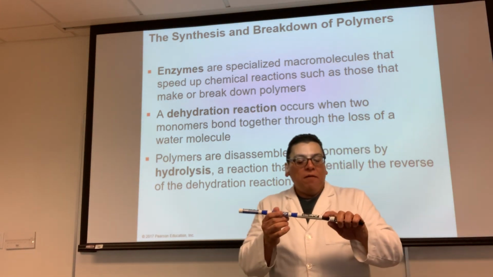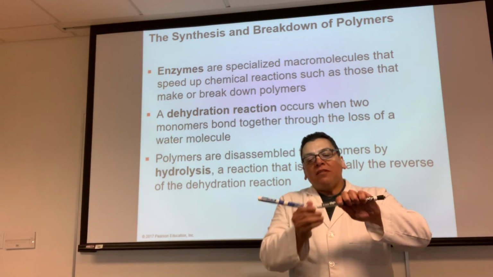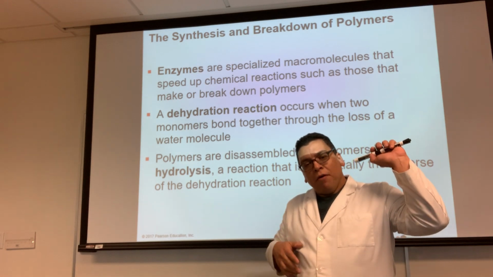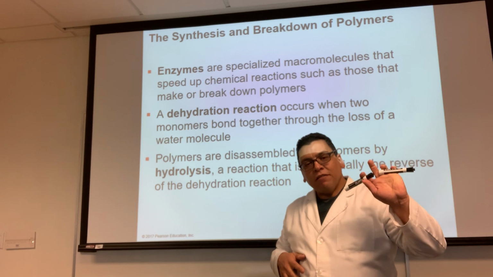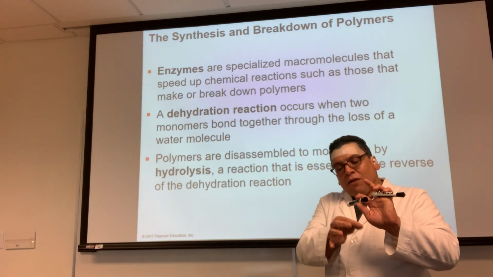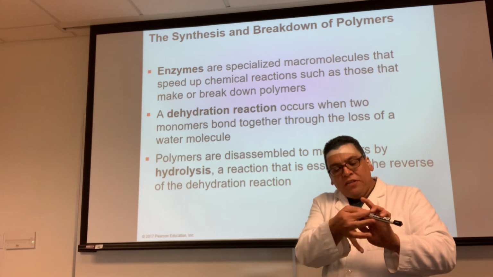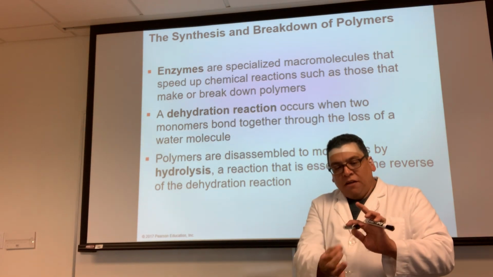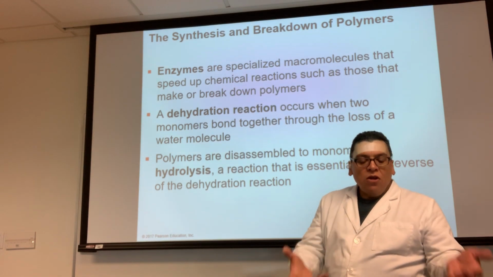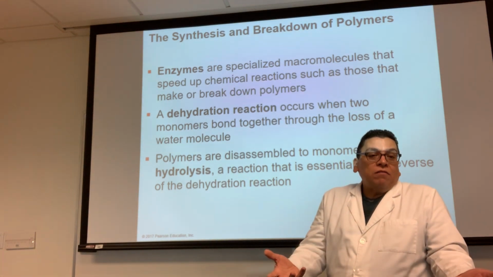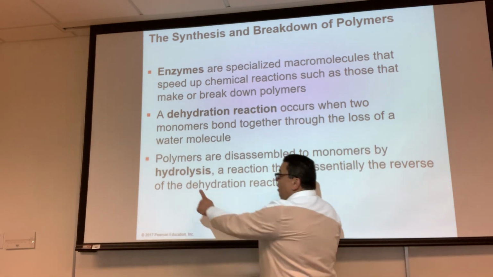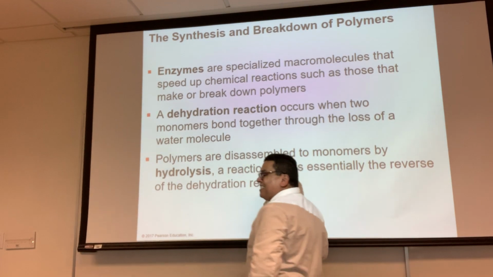So let's do it again. Another enzyme will come in and grab onto this guy, the dimer, and break it. But before it lets go, there's water. It takes the hydrogen from water, gives it to this guy, takes the OH and gives it to this guy, and lets them go as monomers. So what did you do? You broke it into monomers using water, and that's what this is called, hydrolysis.